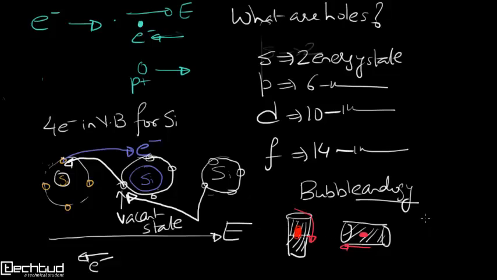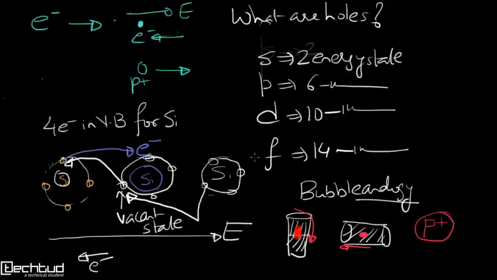Similarly, this is the whole concept. The electrons are moving from one vacant state to the other vacant state. They have a tendency to move, but what we actually observe is that this hole is moving in this direction.